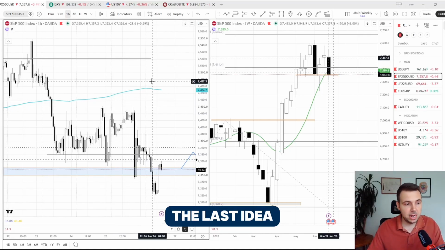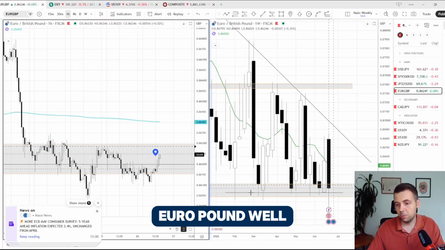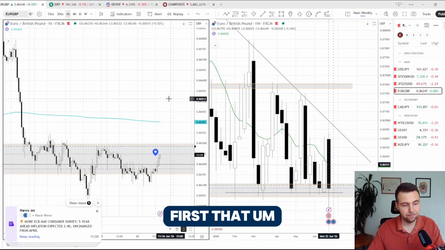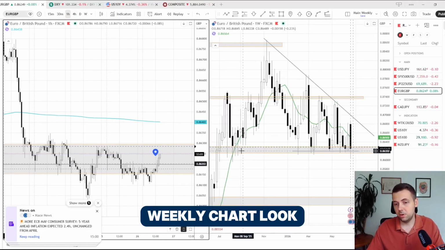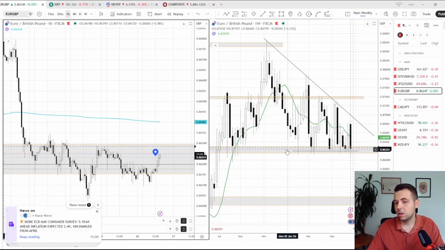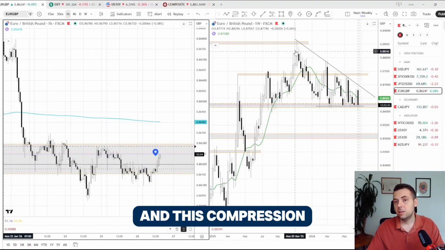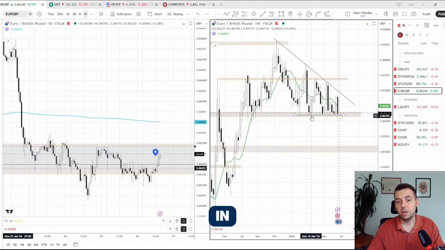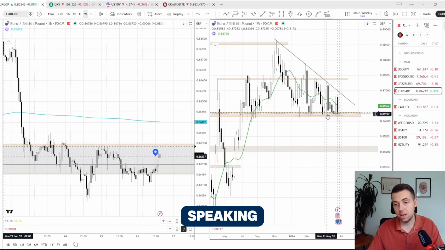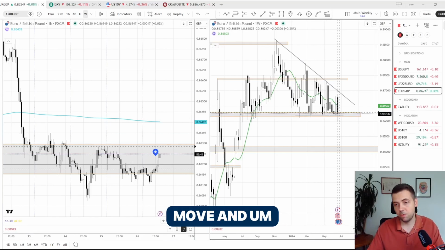Yeah, and the last idea that I wanted to share is Euro Pound. First, you can notice on the weekly chart, look at this beautiful support at 0.8625, and this compression, if it resolves in either direction, technically speaking, that may be a massive move.